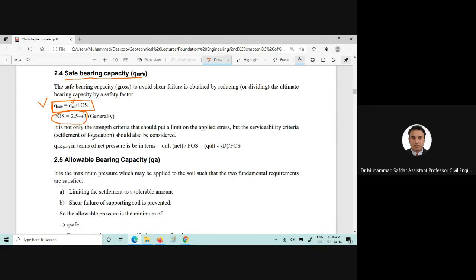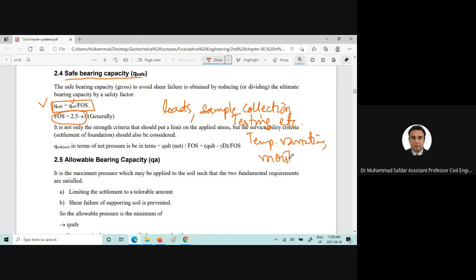So we already know that there are lots of uncertainties in the loads and also in sample collection, testing, etc., or even the temperature variation or moisture fluctuation, weather conditions, etc. These are the uncertainties which we are not sure about.